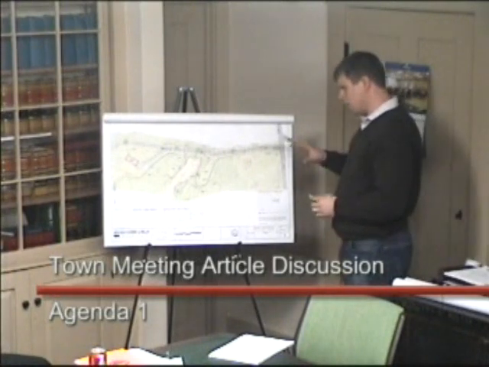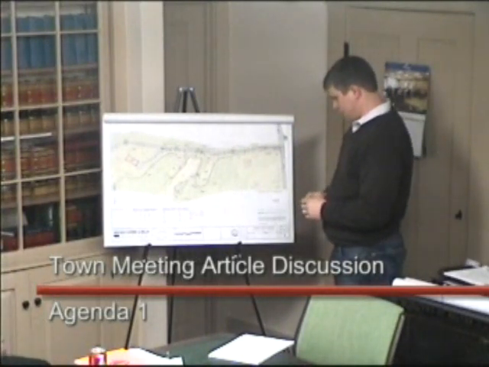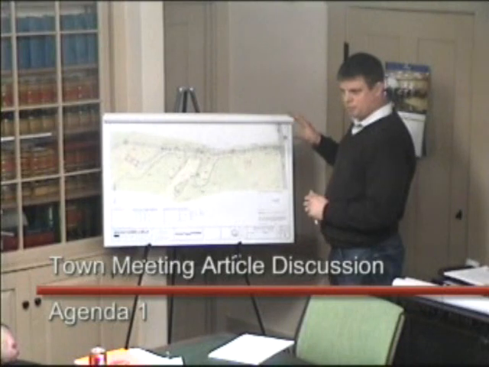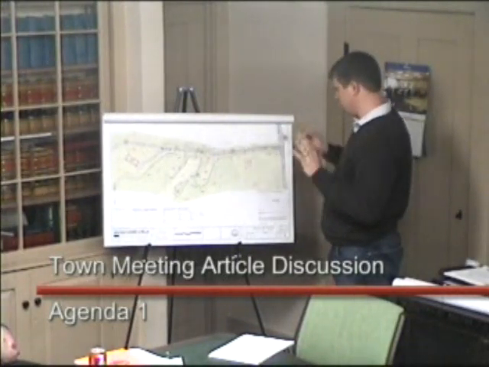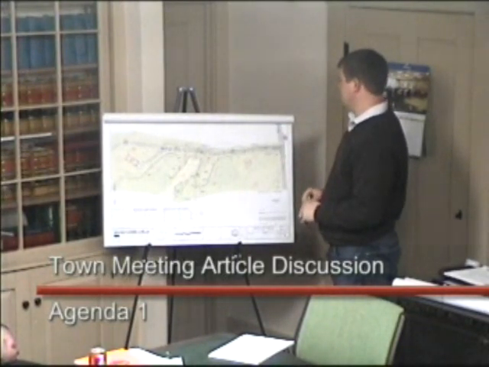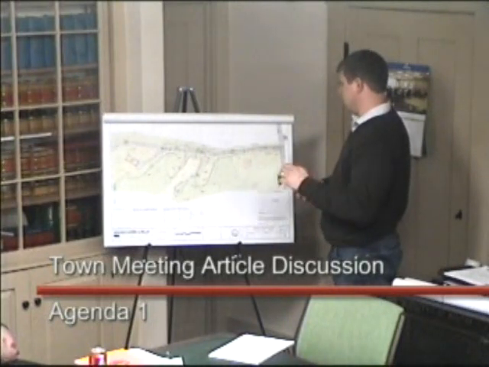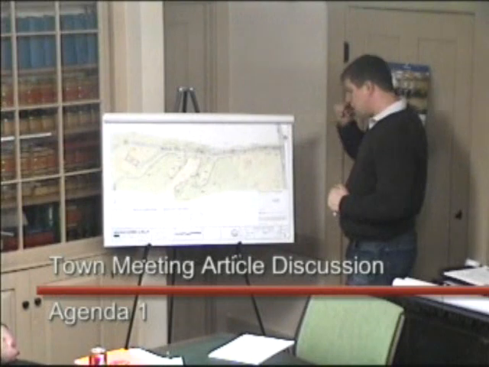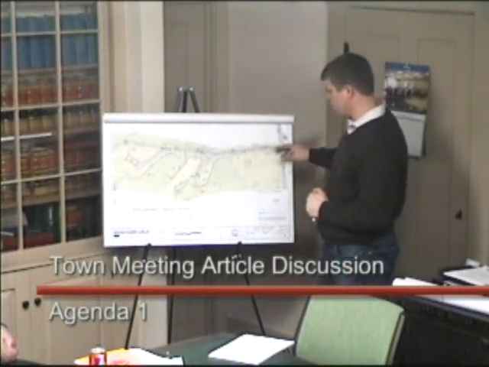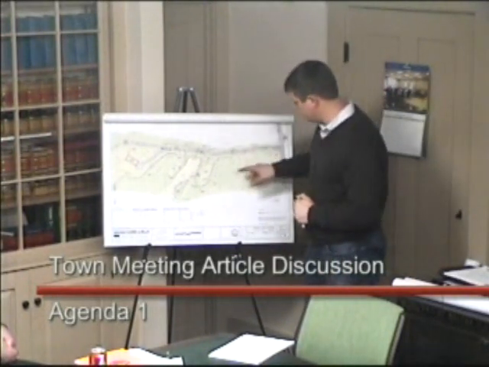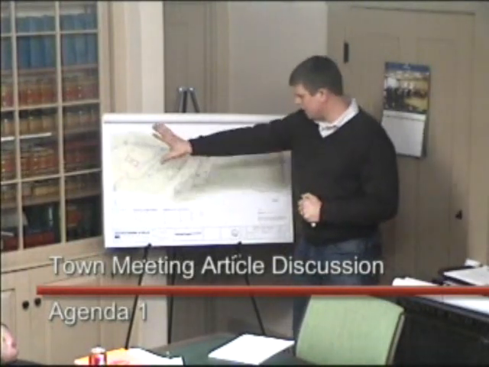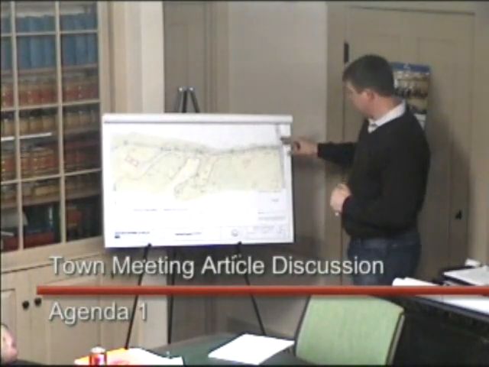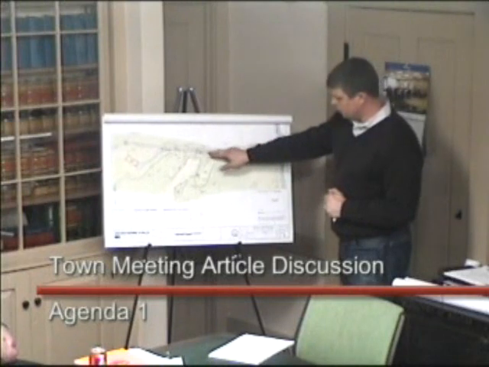I wanted to go over briefly what we're proposing to do here in sort of a 10,000-foot view, and then go over comments and take some questions. We're proposing to access the total of 5 lots, the existing house and the 4 lots in the back, and I'll show you another plan in a minute, in the same location as the existing driveway.